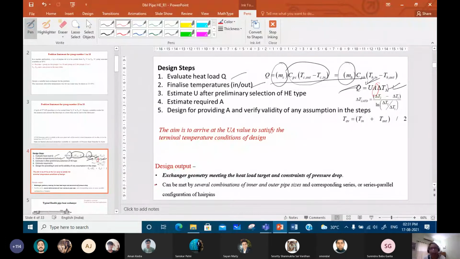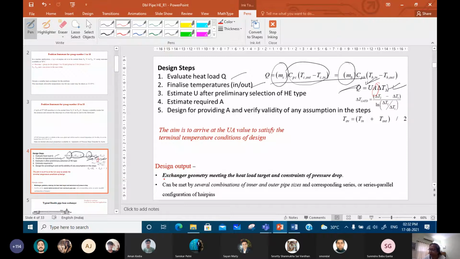I'll be providing you certain guidelines, but finally, what decision you have taken has to be based on your own logic, and that has to be reflected in the design report that you are going to submit. Well, so the aim of the design, as you know, is just to arrive at the UA value which will satisfy the terminal temperature conditions of the design.